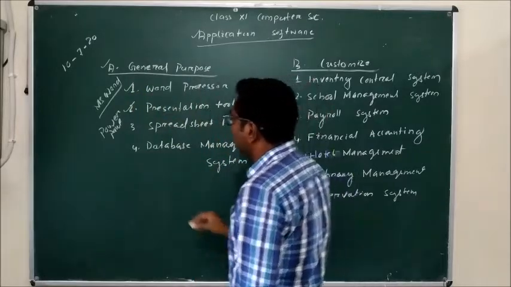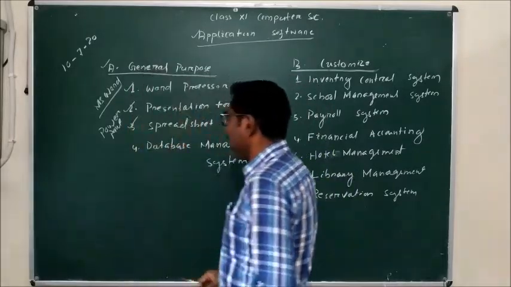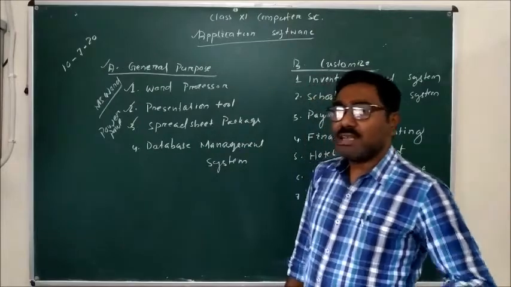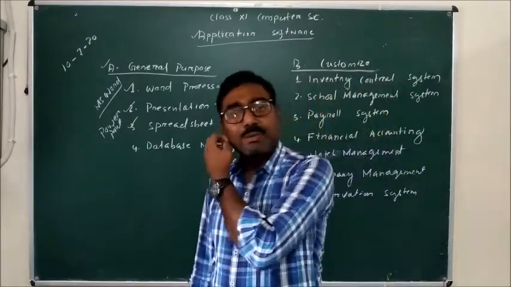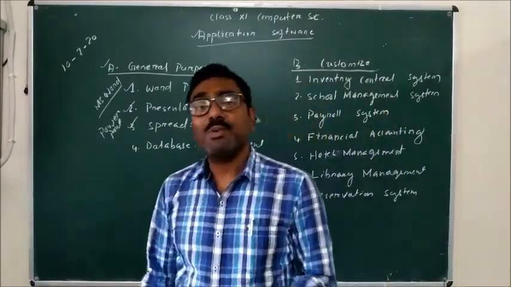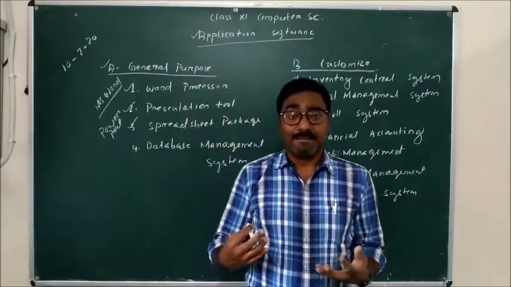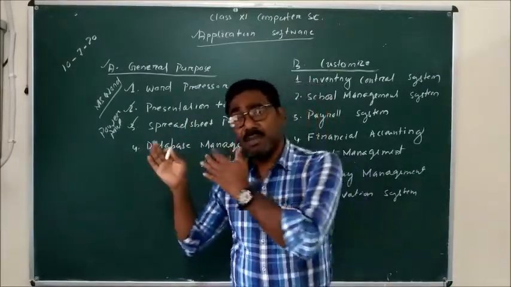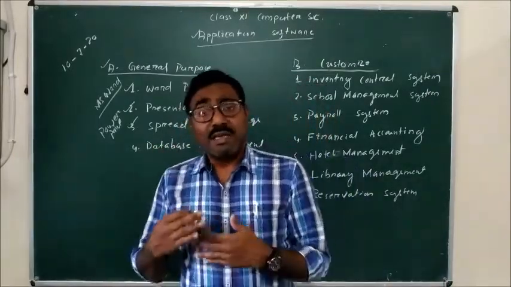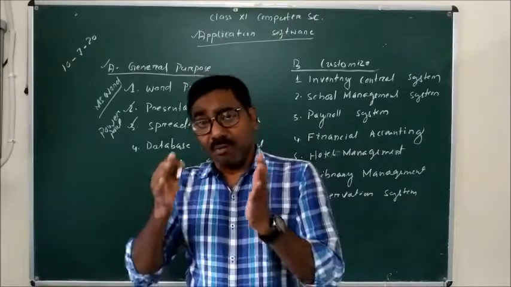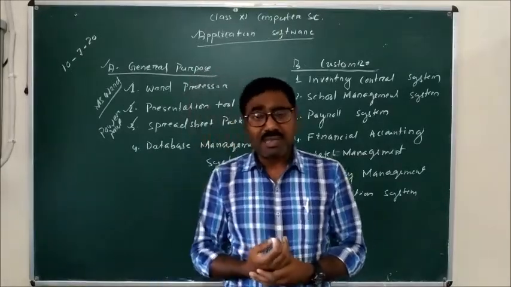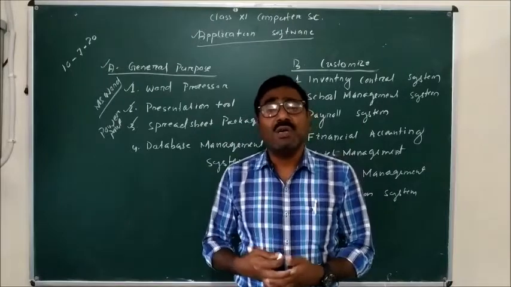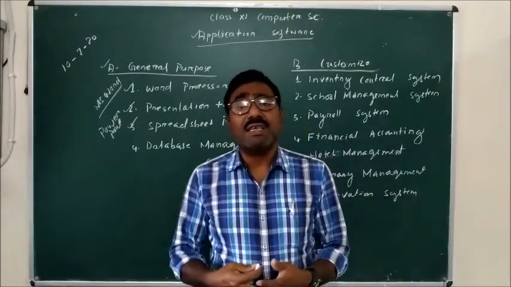The third one is spreadsheet software. Spreadsheet software is generally used for calculation purposes or tabulating data. The data in spreadsheet software is stored in a tabular manner, and it also allows you to calculate different kinds of data.